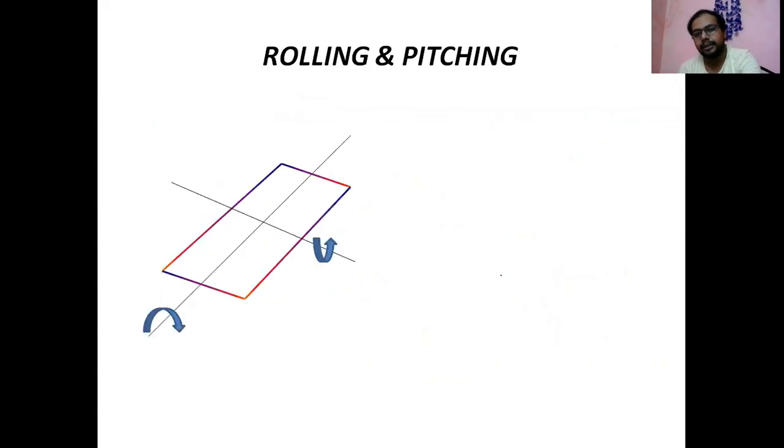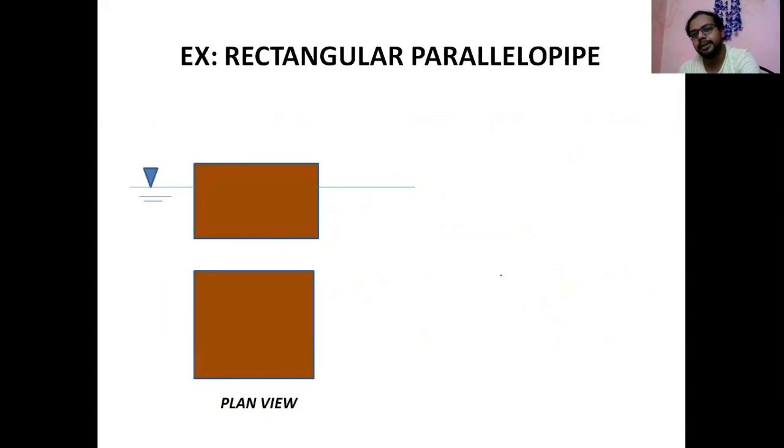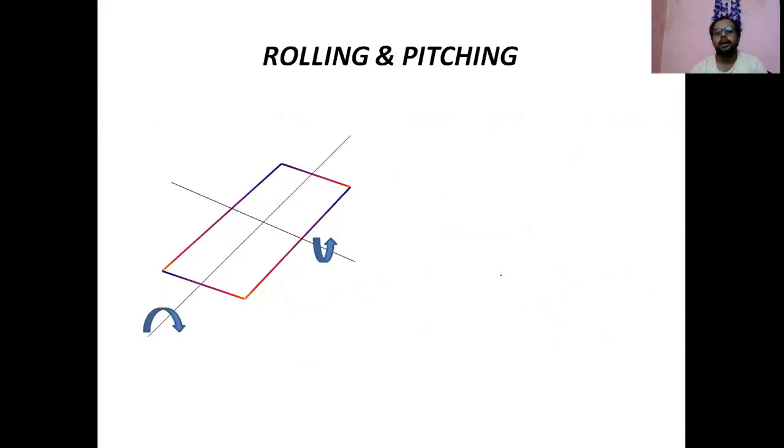Now we'll see rolling, pitching, everything. But here you see the rolling. If the ship looks like this, and it moves about this axis of symmetry, that is the rolling, and this is the pitching.